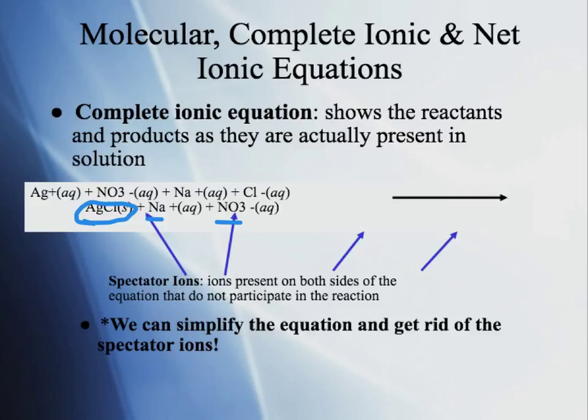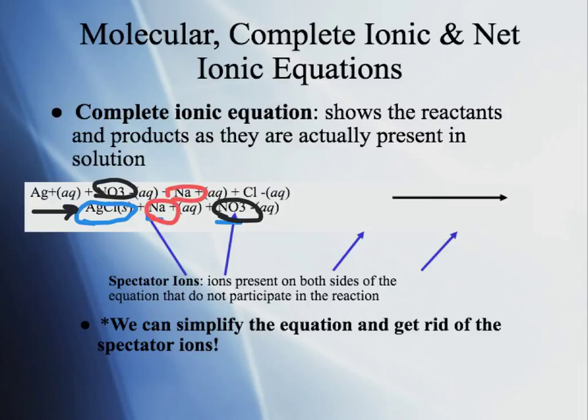All right, so what happens is that we see a lot of the same ions before and after the reaction arrow. We see the same NO3- ion both before the arrow and after the arrow, and we see sodium before the arrow and after the arrow.